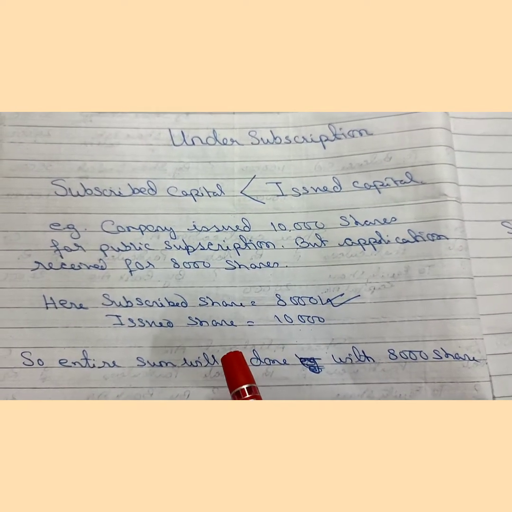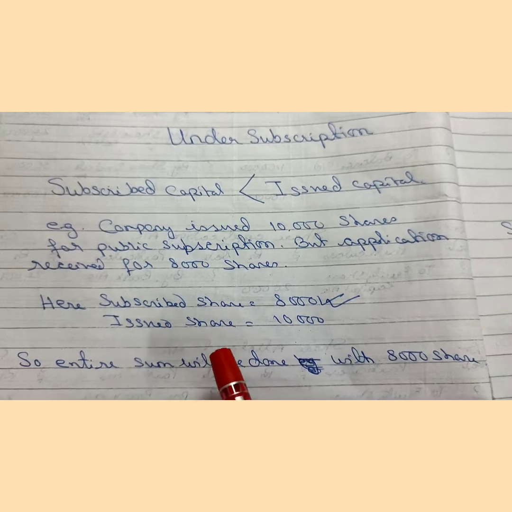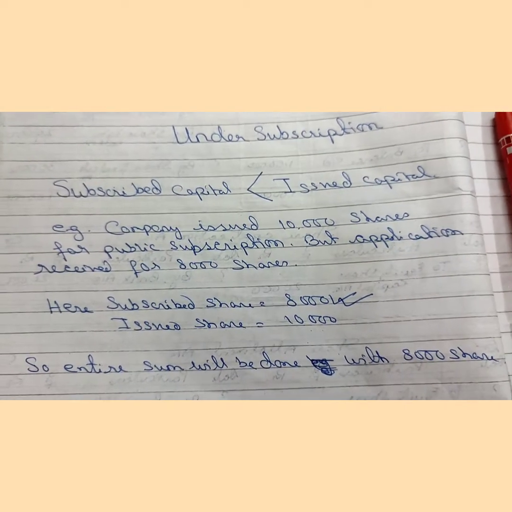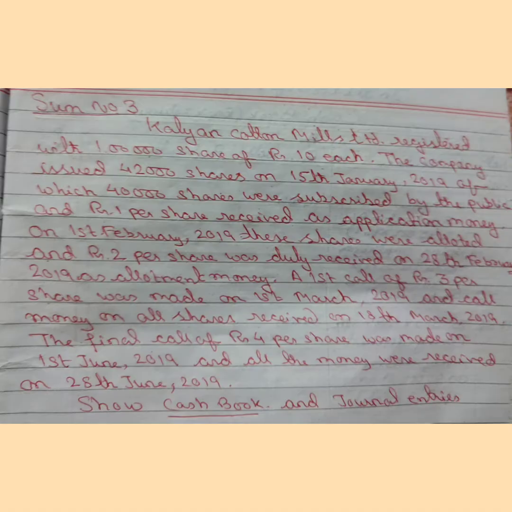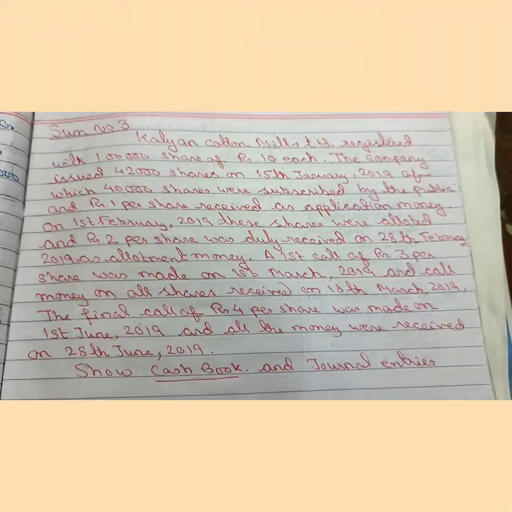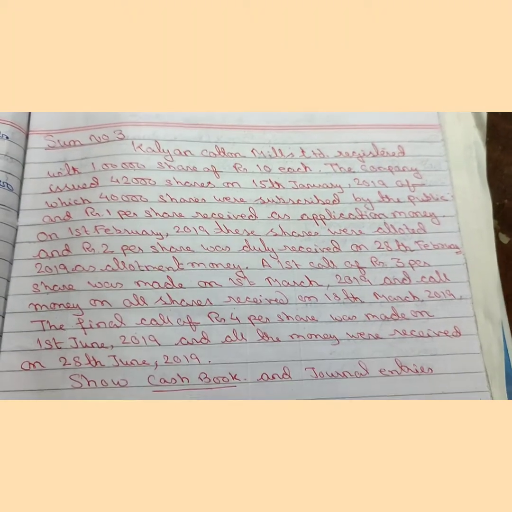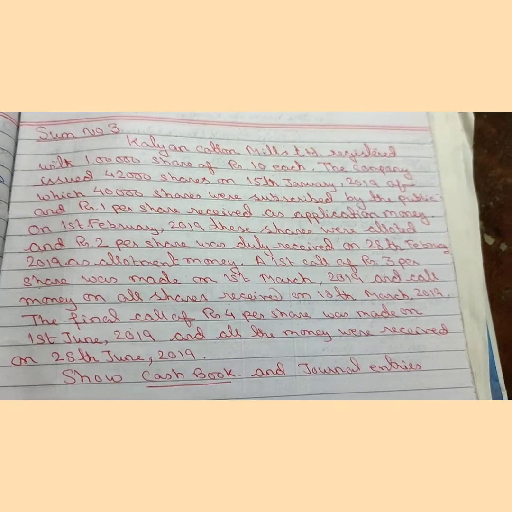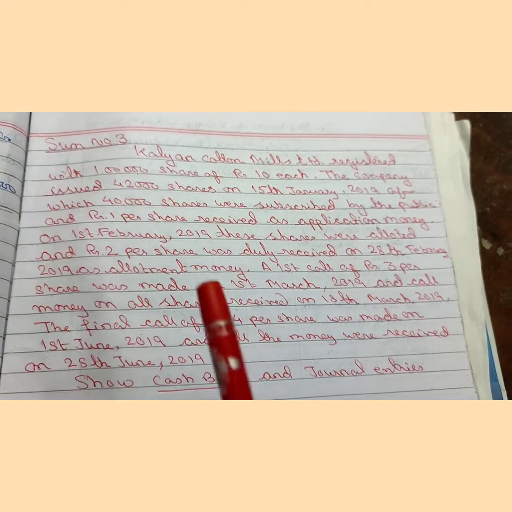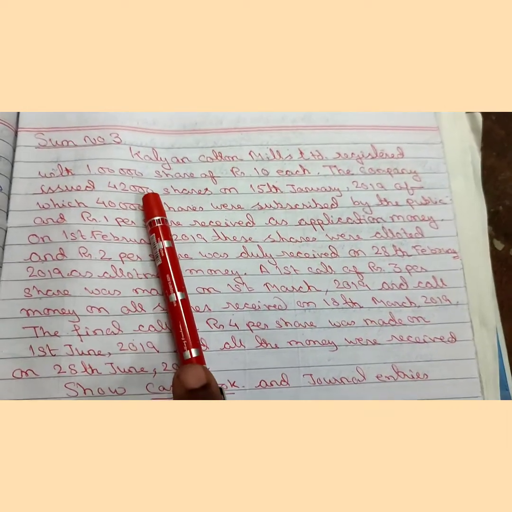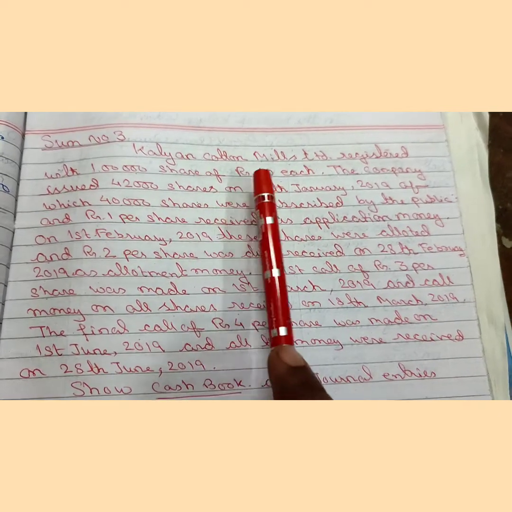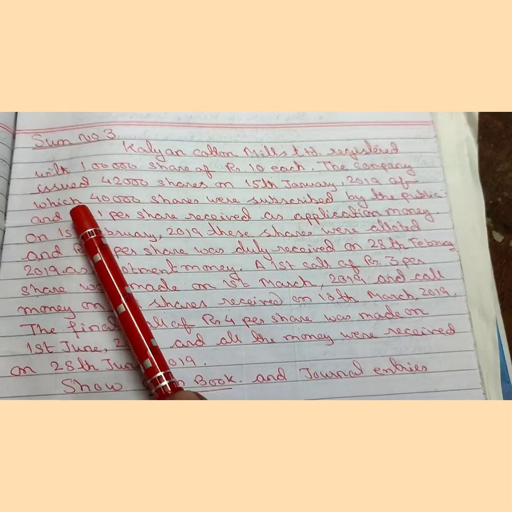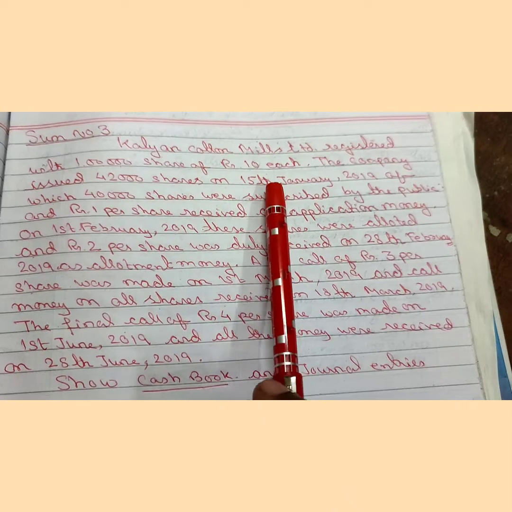Now we will do a sum with this. Sum number 3 is with undersubscribed share. What is the question? Kalyan Cotton Mills Limited registered with 1 lakh shares of rupees 10 each.